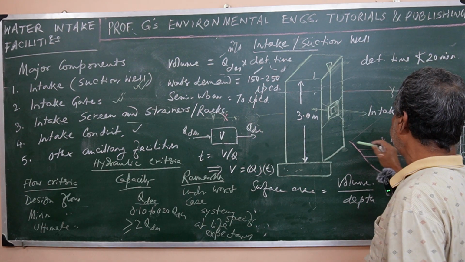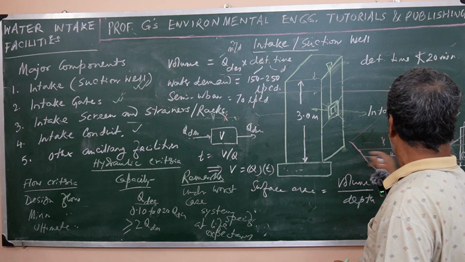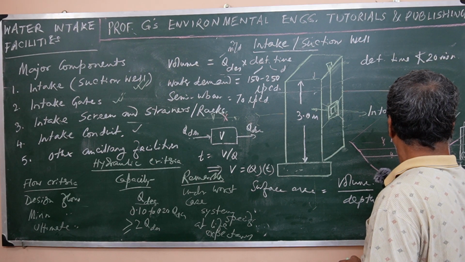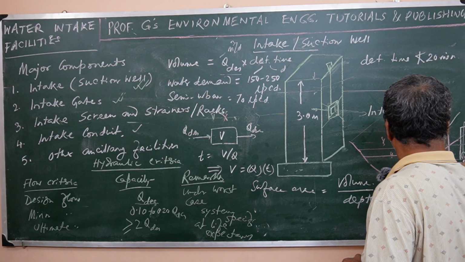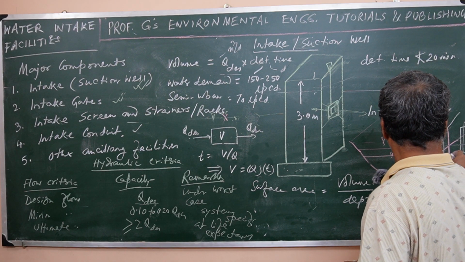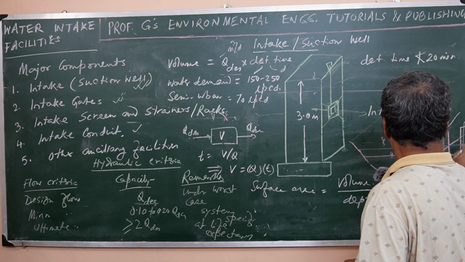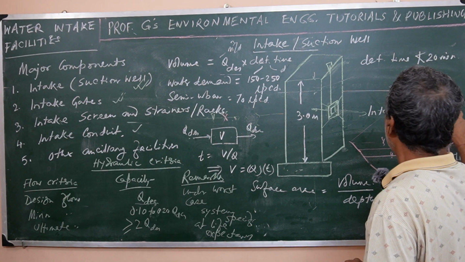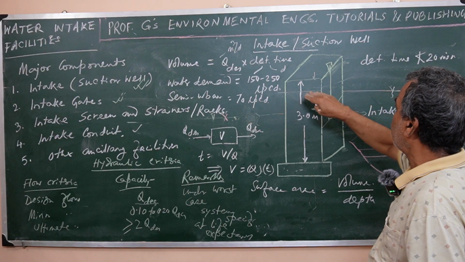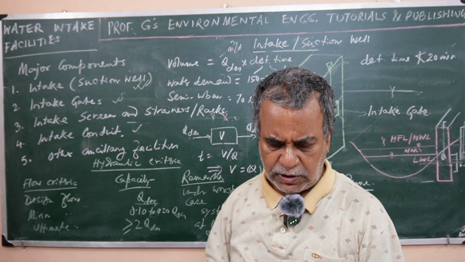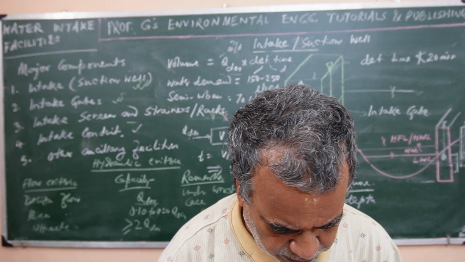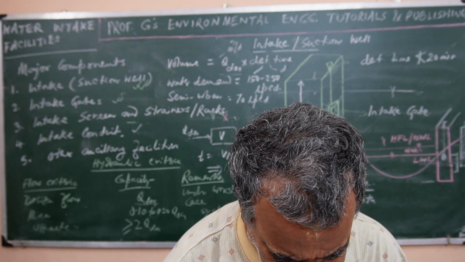When it is connected through the intake conduit to the river, the vertical cross section, this cross section, should be 3 to 5 times smaller than the cross-sectional area of the tower. So these are more or less it, and the rest we will discuss later.